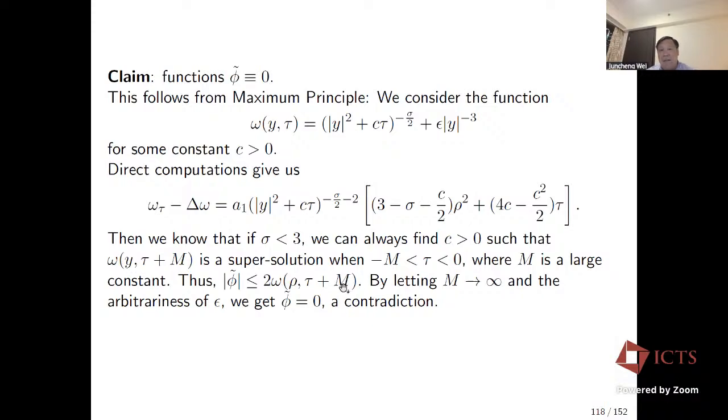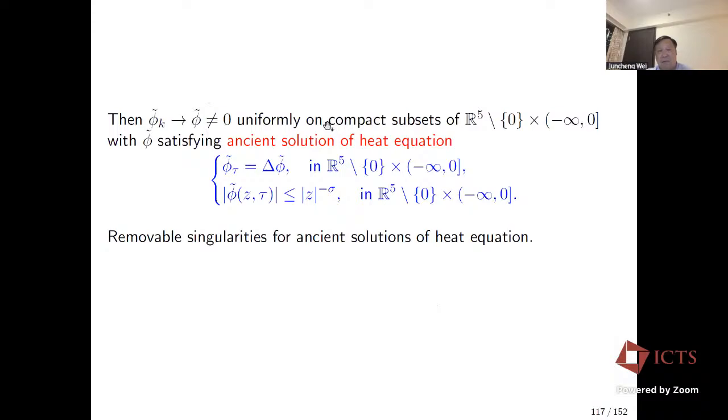And since this is an ancient solution, I can go all the way to minus infinity. So letting m go to infinity, I will get that this is 0. So this is a simple maximum principle argument with isolated singularity, for the ancient solution for the heat equation.